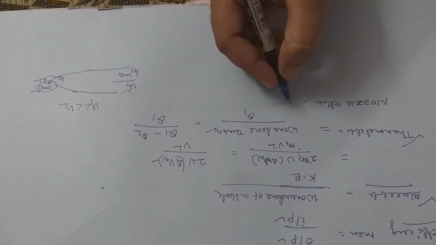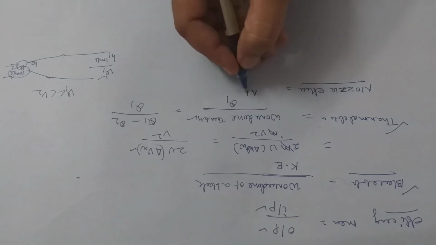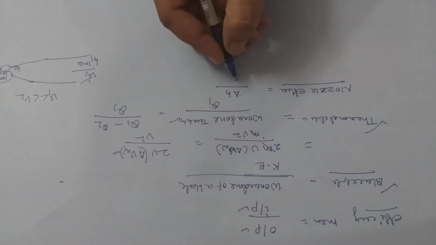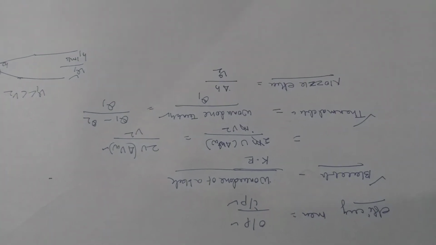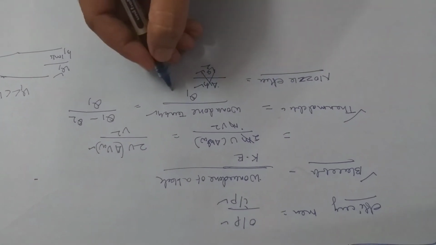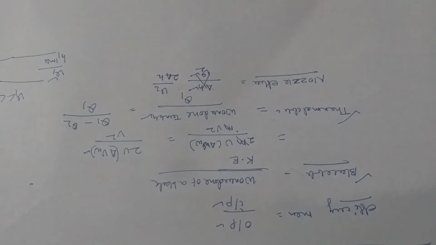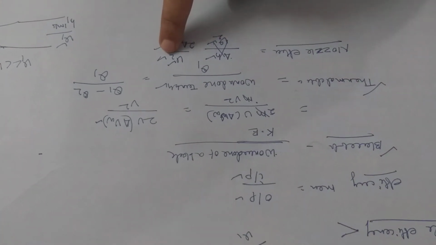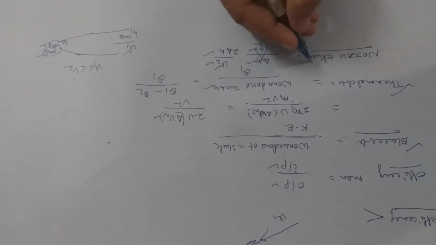So for nozzle efficiency, V1 is the velocity and H1 is the enthalpy. The enthalpy drop is del H and the velocity is V. For nozzle efficiency, the output is V2 and the input is del H. So the output section velocity is V2 and the heat drop is del H. That's why V2 squared by 2 del H is your nozzle efficiency.